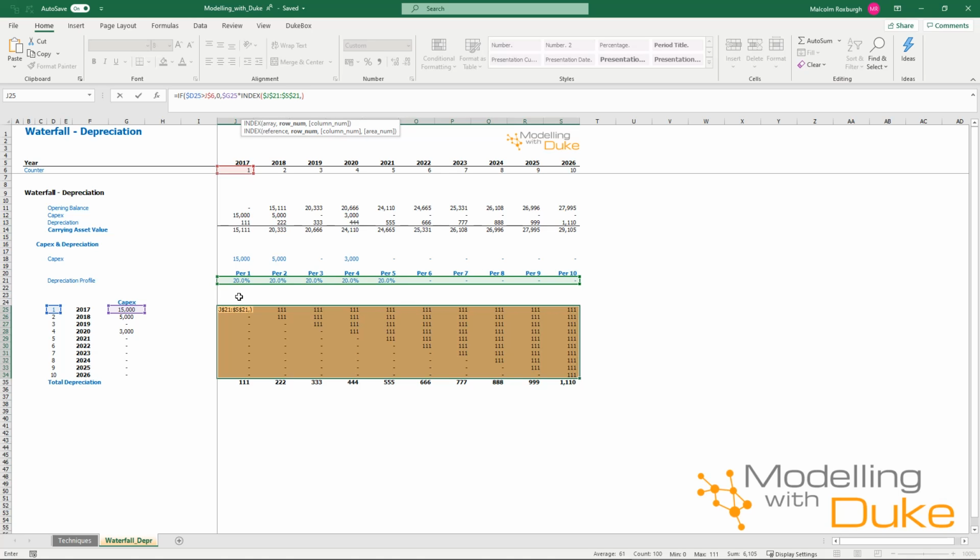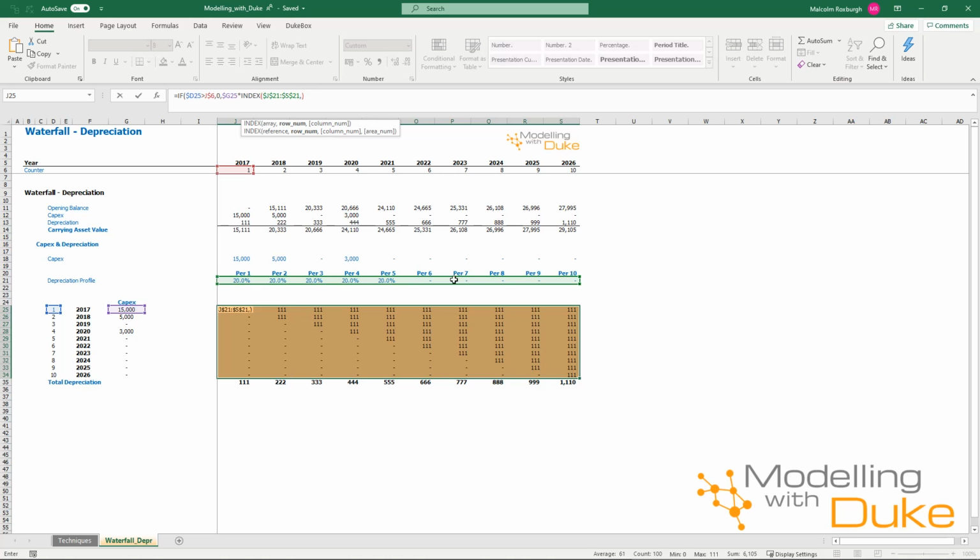Now, how do we get the correct percentage from this range? Well, what we do is we compare the counters again. So when these counters are the same, I know I must be in period 1. When this counter is 1 bigger than the one on the side, I must be in period 2.